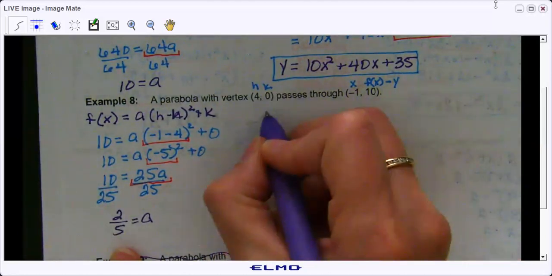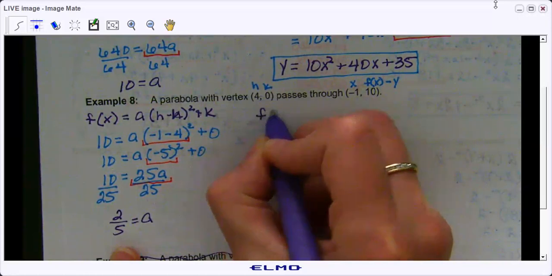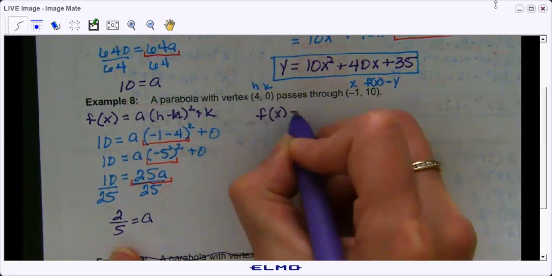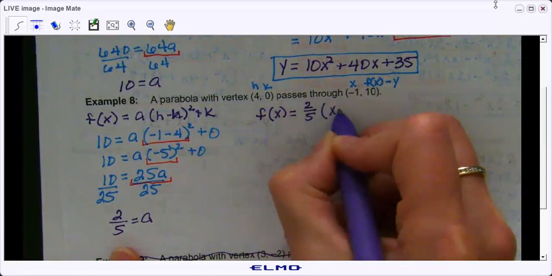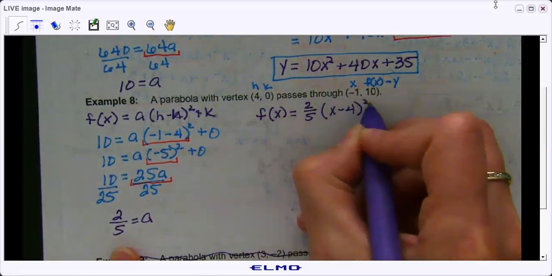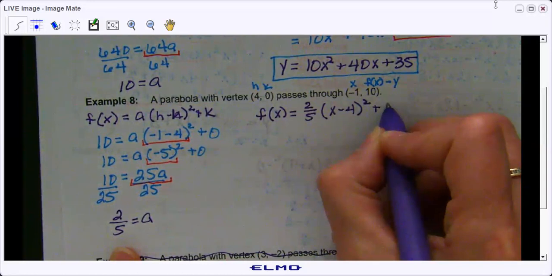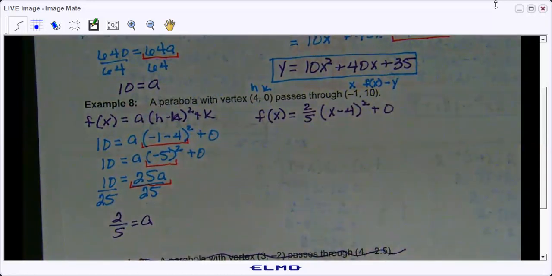So we're going to have f of x equals 2/5 times x minus 4 squared plus 0. I know that it is a fraction, but we can do that. I want you to try to do your best with the fraction. You will end up with lots of fractions at the end, but let's do this together.